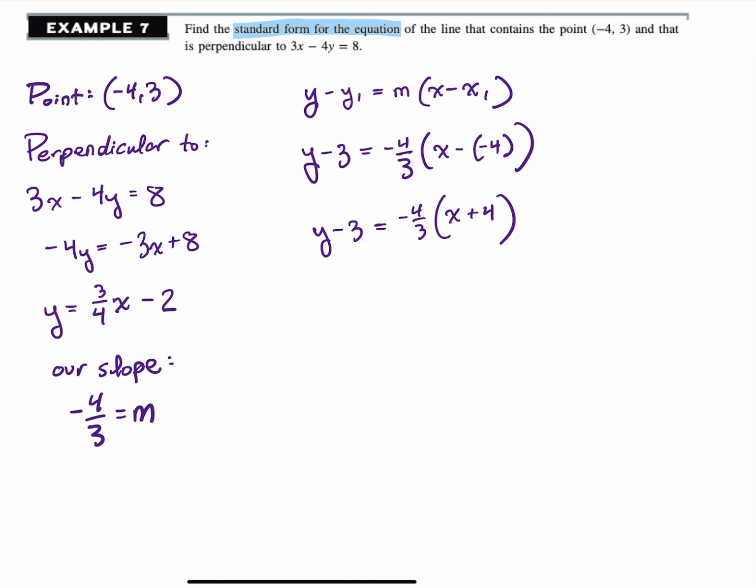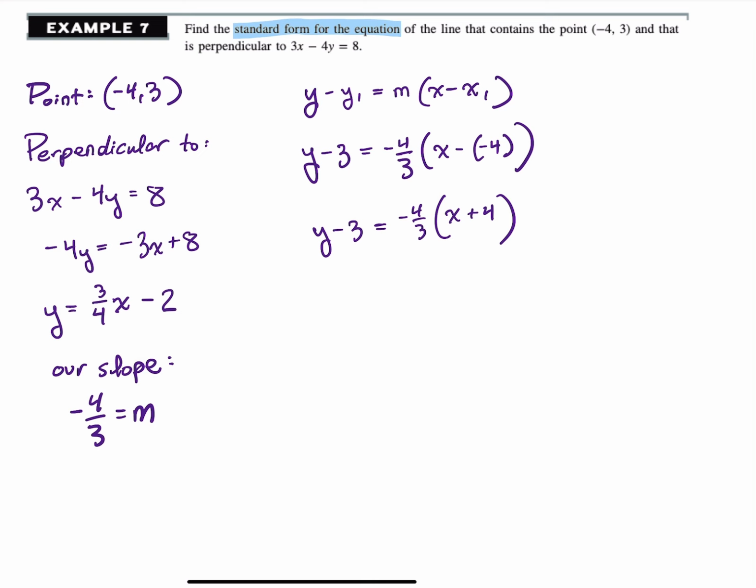So I think I'm going to already multiply everything by this denominator, by this 3, so that we won't have any fractions to start with. Because that was one condition for standard form. We didn't want any fractions. We want to have integer coefficients. That would be another way of saying that.